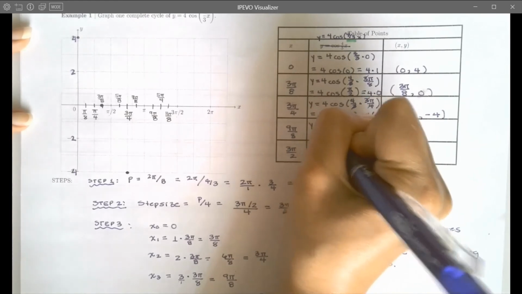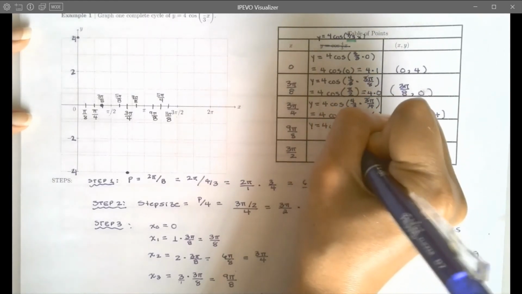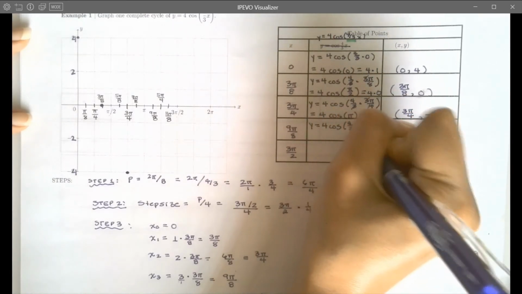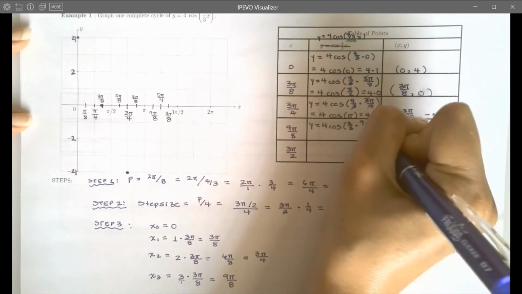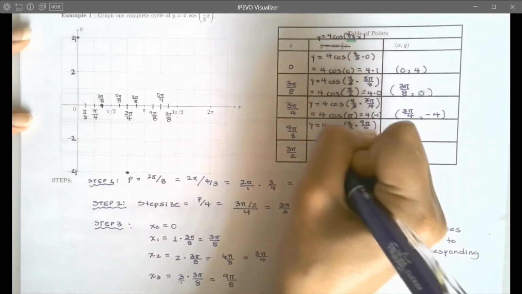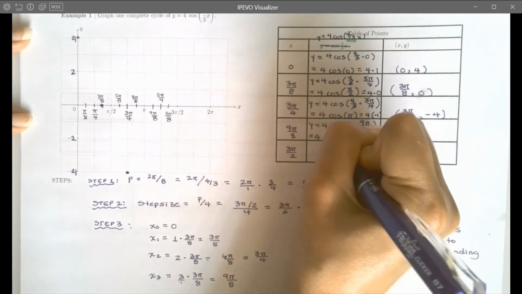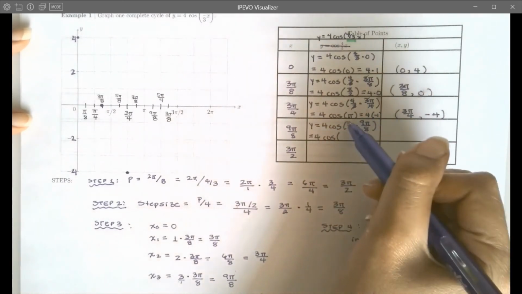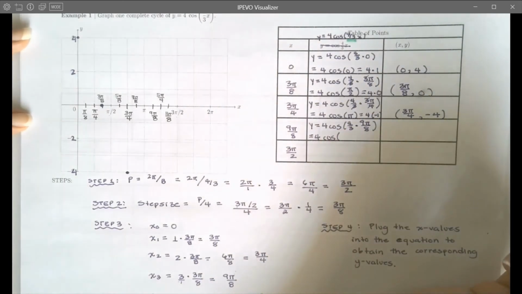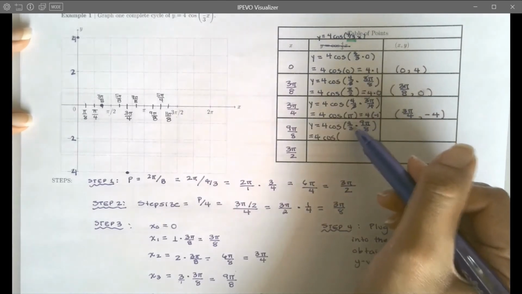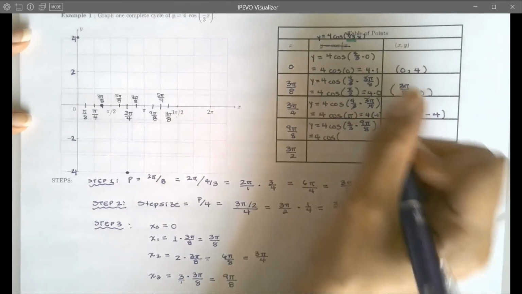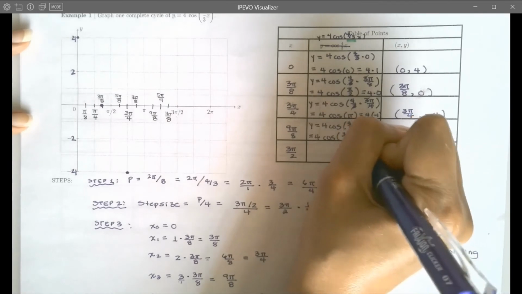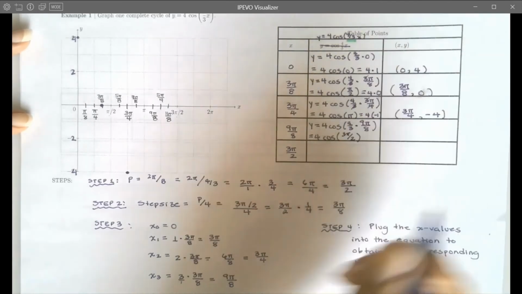Alright, y equals 4 times cosine of 4 over 3 times 9 pi over 8. This is going to become 4 times cosine of, the 4 and the 8 are going to reduce down to a 2, and the 3 and the 9 are going to reduce down to a 3. So we'll end up with 3 pi over 2.